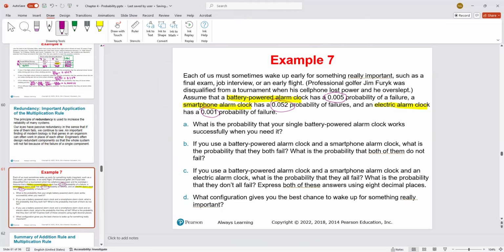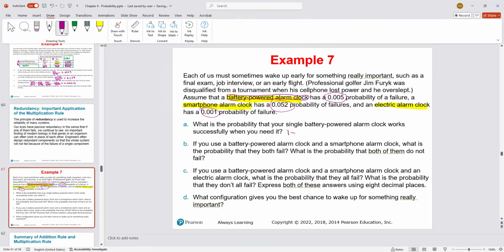What is the probability that your single battery powered alarm clock works successfully when you need it? I mean, we're going with the battery. That's the one that we go for. The battery power clock. So if it fails 0.005 or 0.5%, when do you think it succeeds?